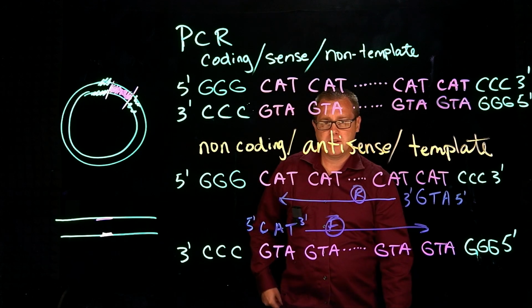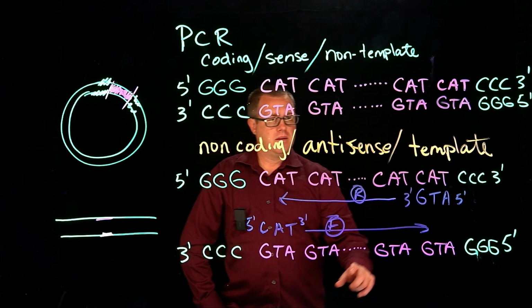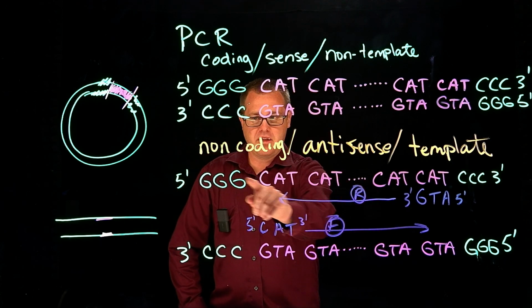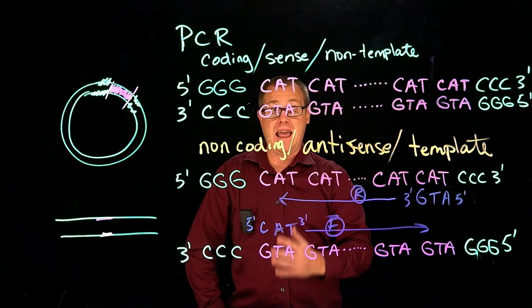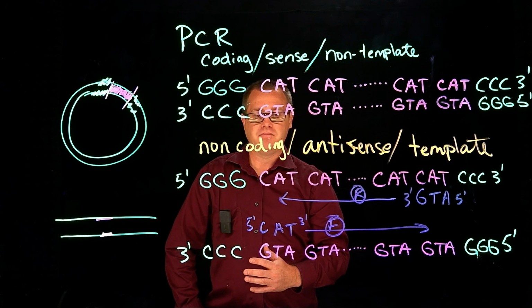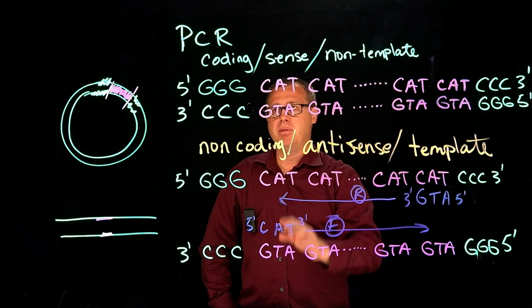So what I want to do now is kind of like finish this piece right here and draw what we get. Okay? So I'm going to erase this top part here.